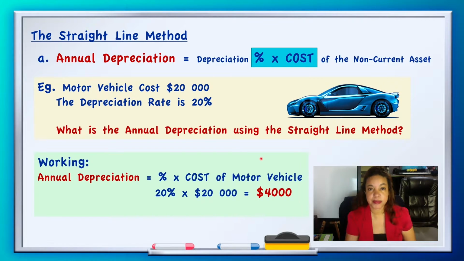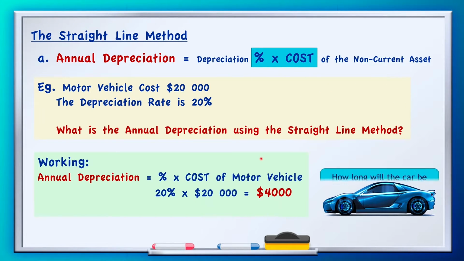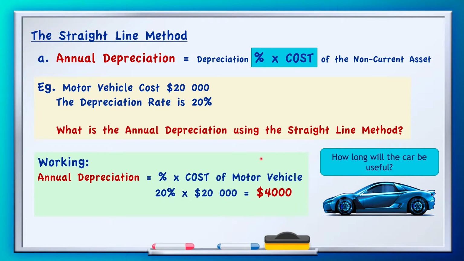the non-current asset. So the question can also be asked, based on this estimation, how long did the business believe that the car or the motor vehicle is going to be useful to the business? 5 years. How did we get 5 years?